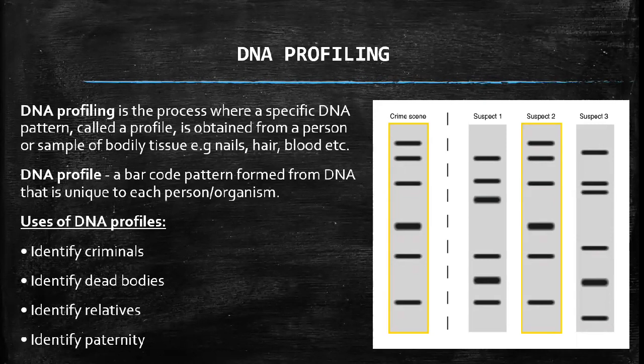Okay. Now, how can DNA profiles be used? So they're used to identify criminals. For instance, for the example of the DNA profile that I gave you guys on your screen, this one on your left is actually a DNA profile that was found from the crime scene.